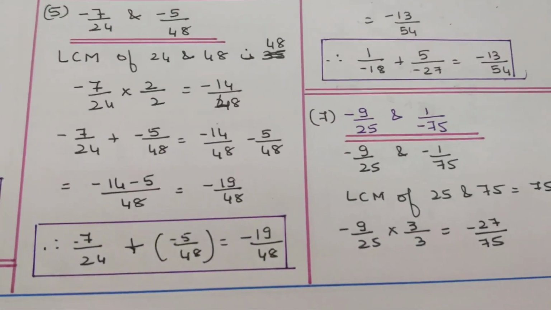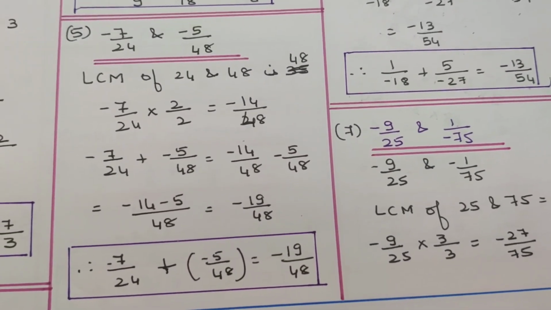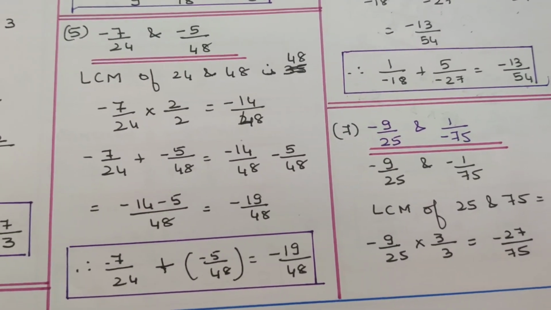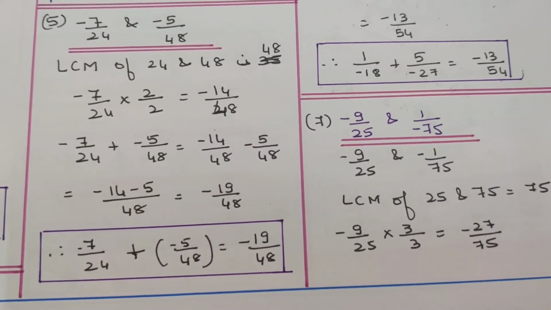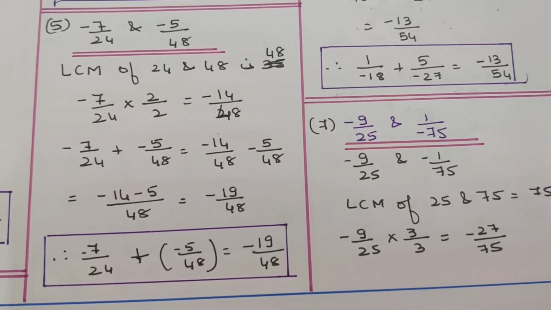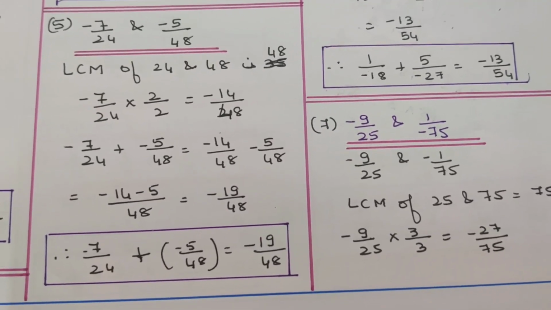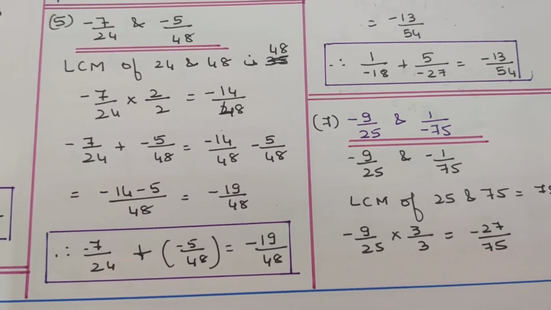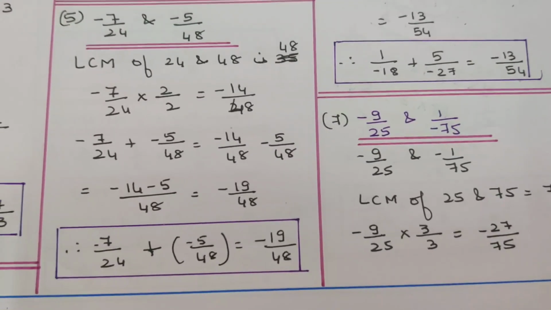Okay, moving on to the next sum. It is minus 9 by 25 and 1 by minus 75. So the LCM for 25 and 75 is 75, and we already have one number with the common denominator, that is 75, but we'll have to just convert the other number, minus 9 by 25. If you convert it to a common denominator, you get minus 27 by 75.